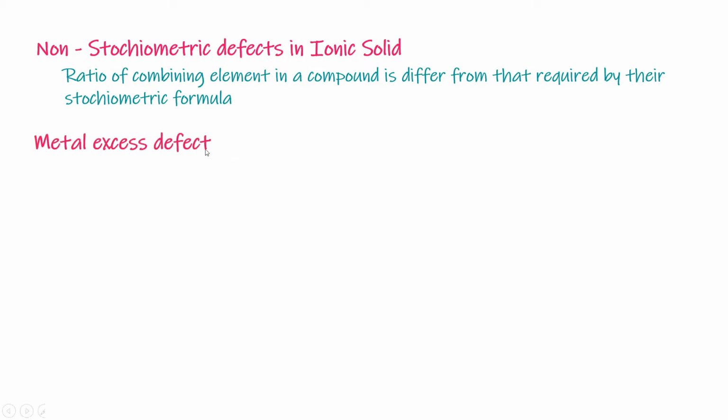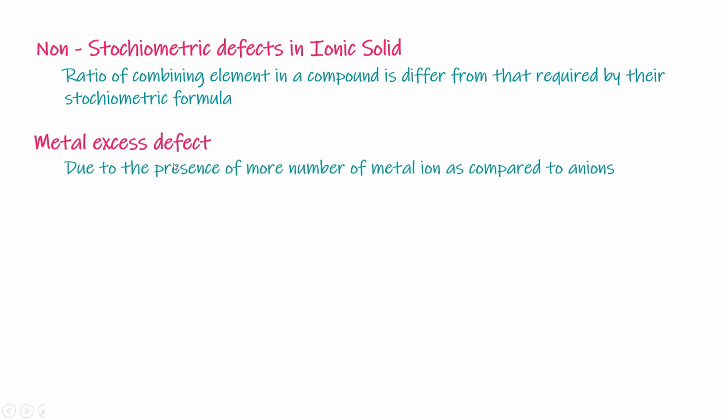Non-stoichiometric defects are of two types: metal excess defect and metal deficiency defect. Let's see now what is metal excess defect. Metal excess defect arises due to the presence of more cations than the anions present in the crystalline solid.